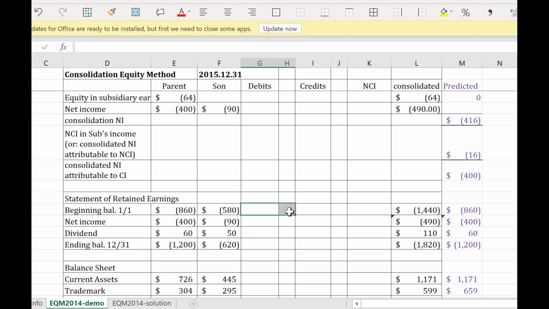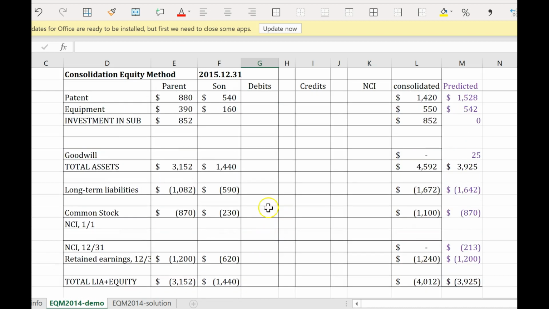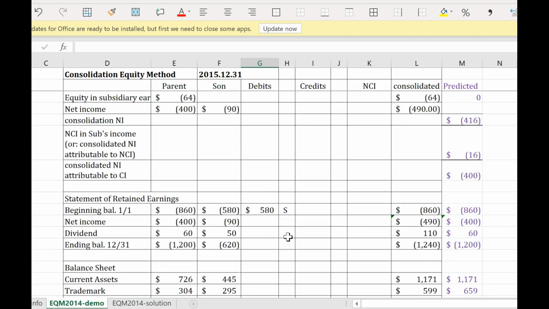So the S entry consists of the beginning balance of the retained earnings and common stock. There's no APIC. So basically, common stock, APIC, and retained earnings at the beginning would be the S entry.